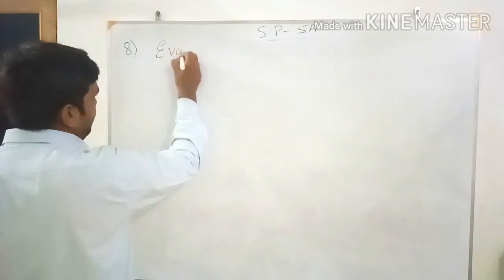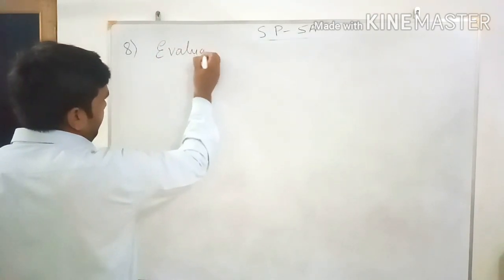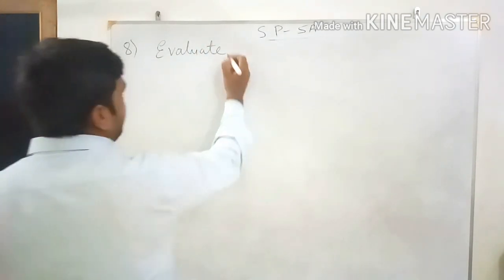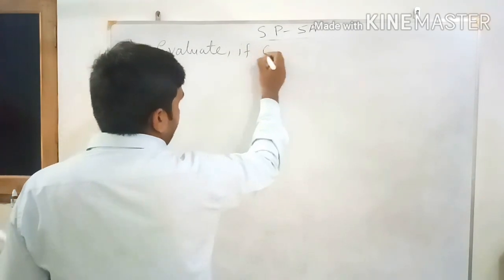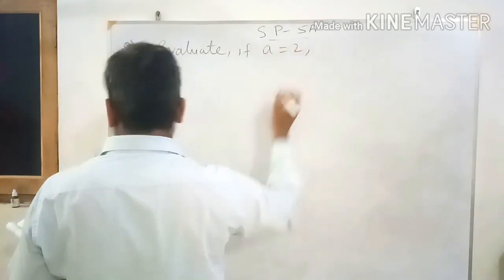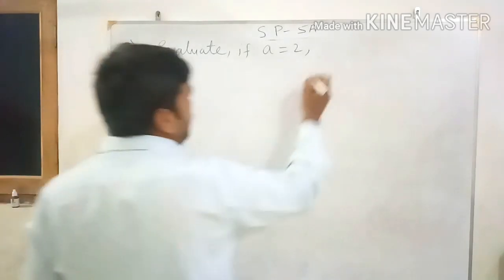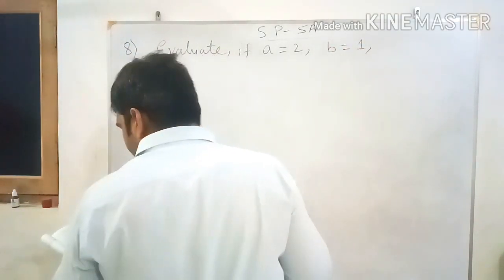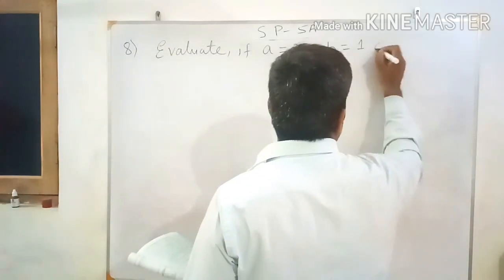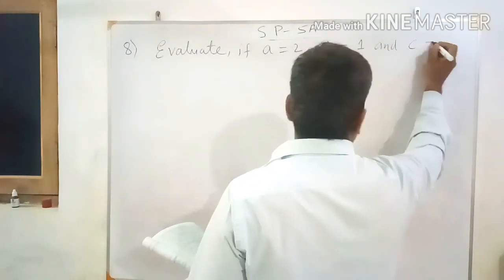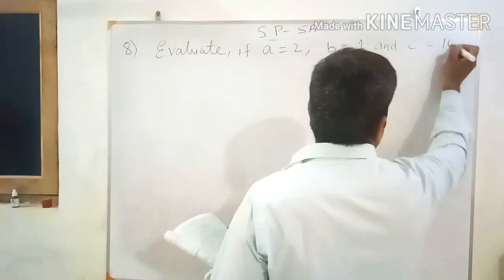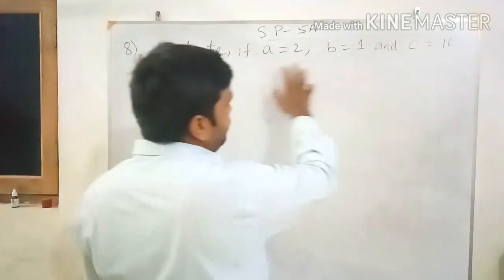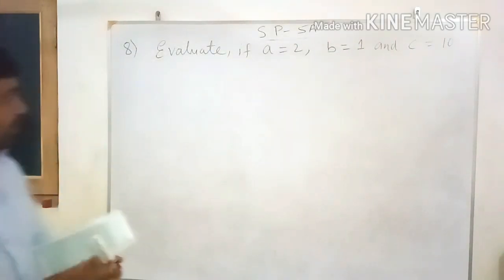You have to find the value. Evaluate if the value of variable a is 2, the value of variable b is 1, and the value of variable c is 10. So in this question the values of the variables are given: a equals 2, b equals 1 and c equals 10.